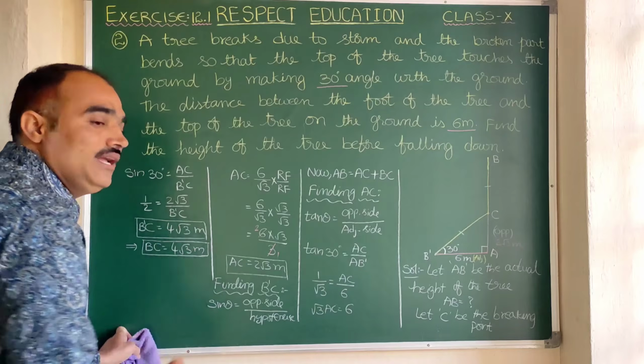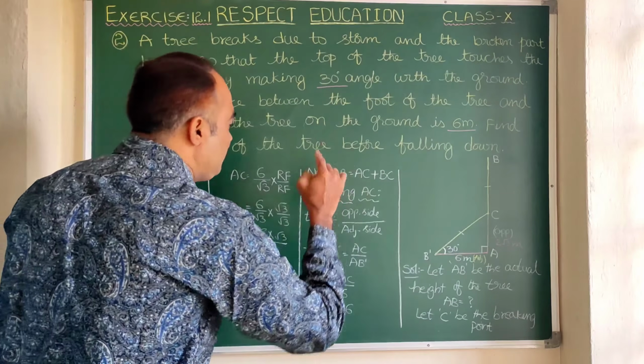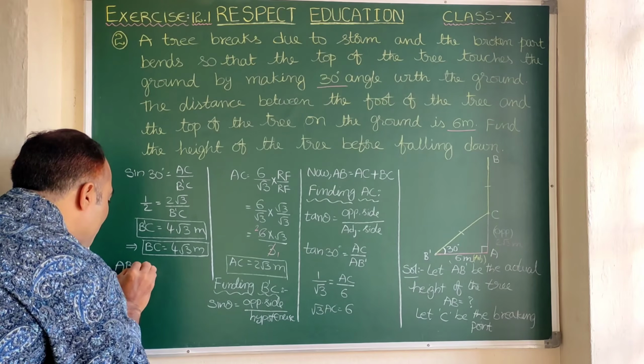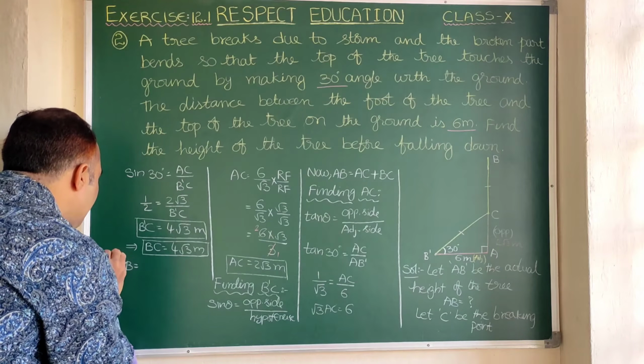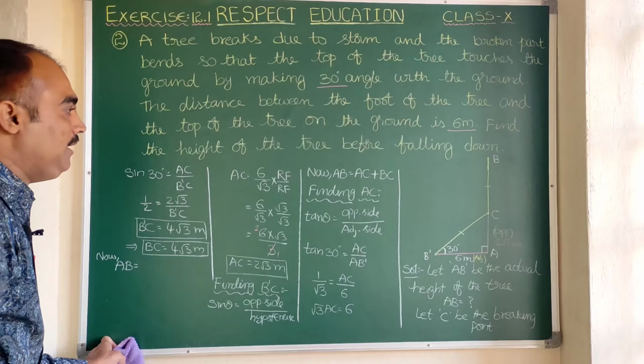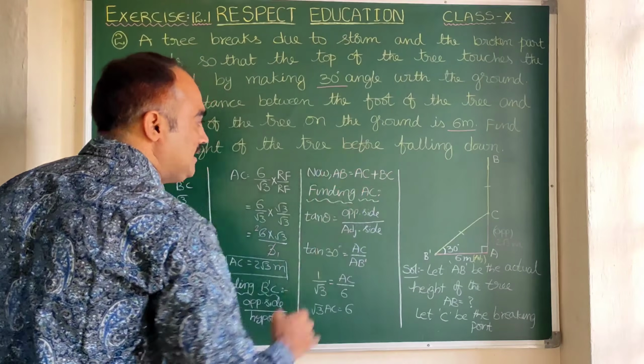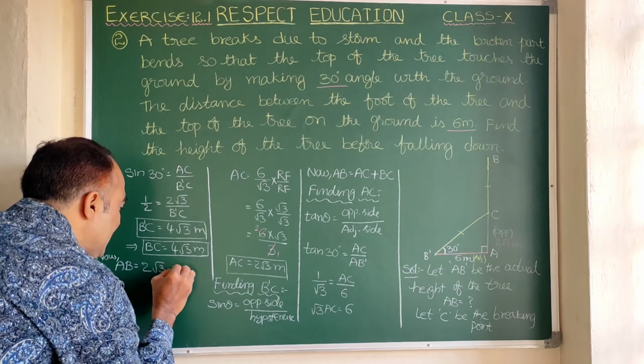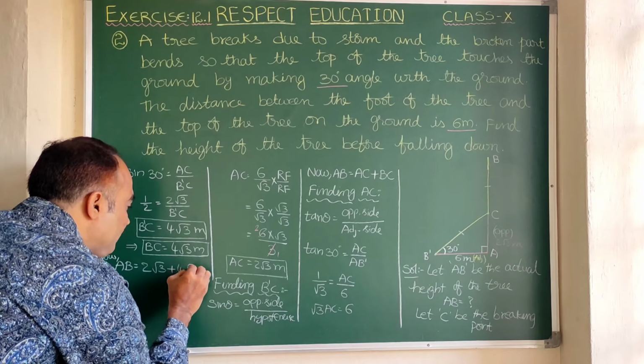Now we came to the conclusion, that is we need to find AB. Here AB is equal to AC plus BC. AC is 2 root 3 plus BC is 4 root 3.